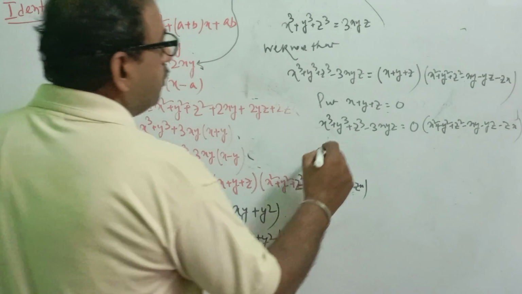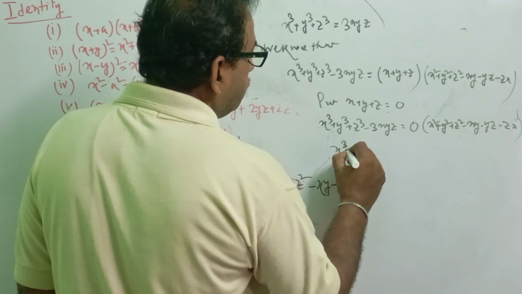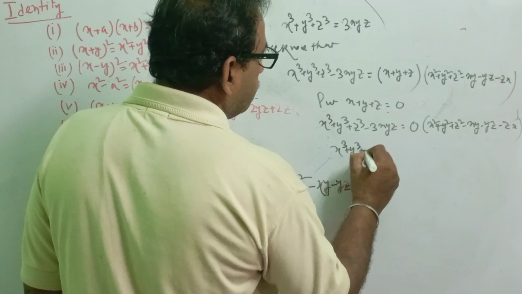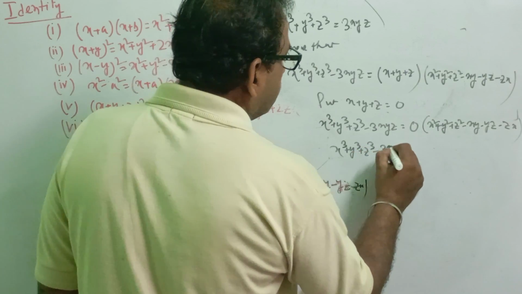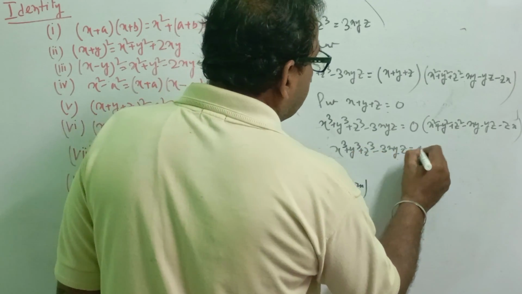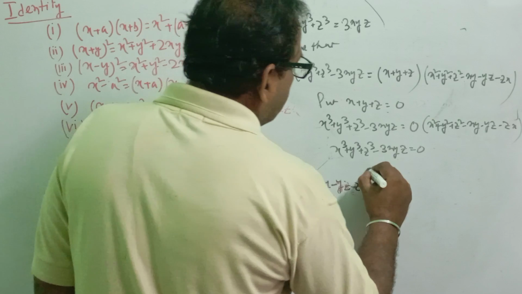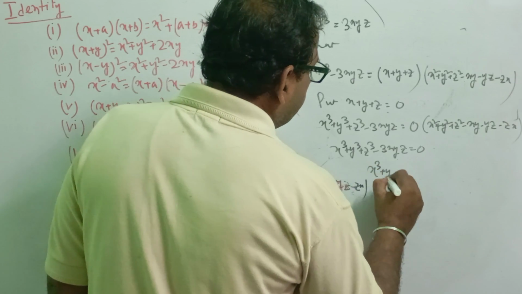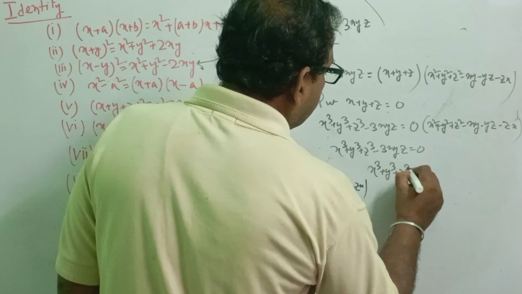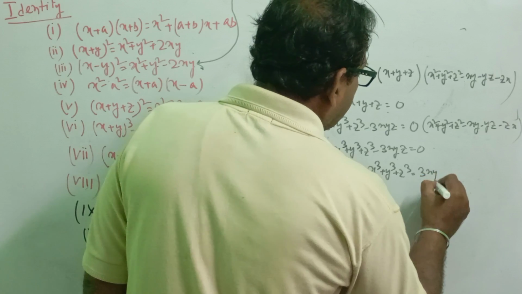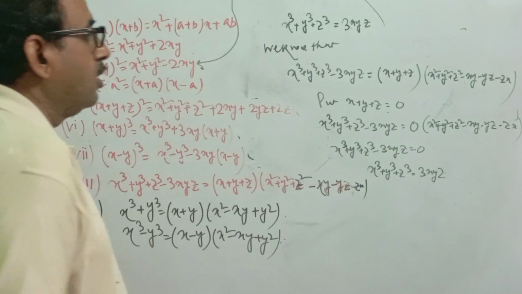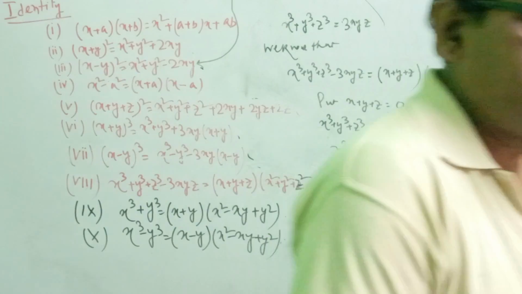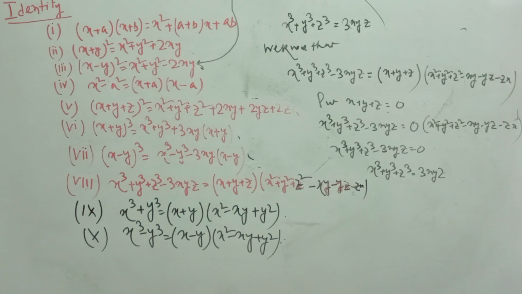Now 0 into something means 0. Is it clear? Very simple sum.